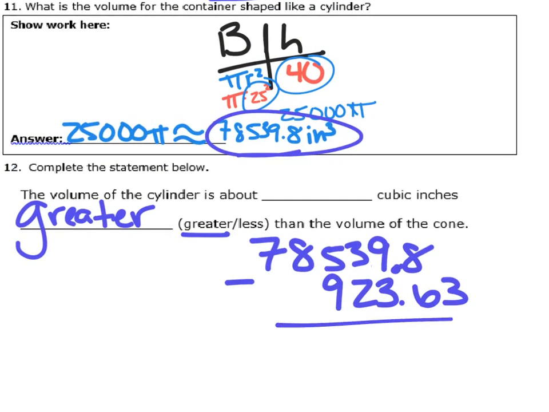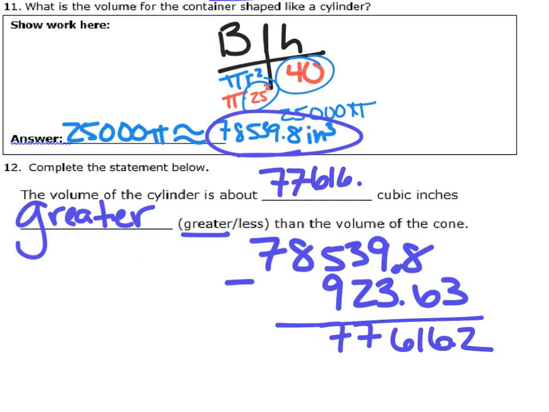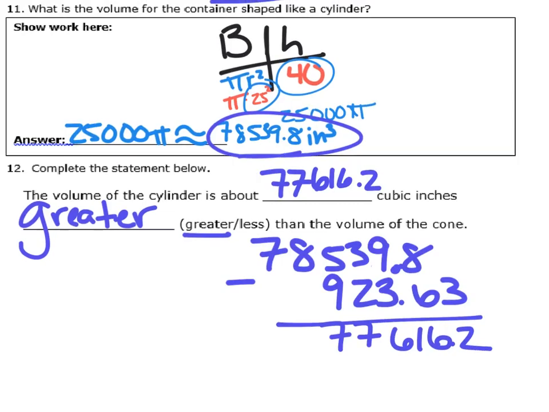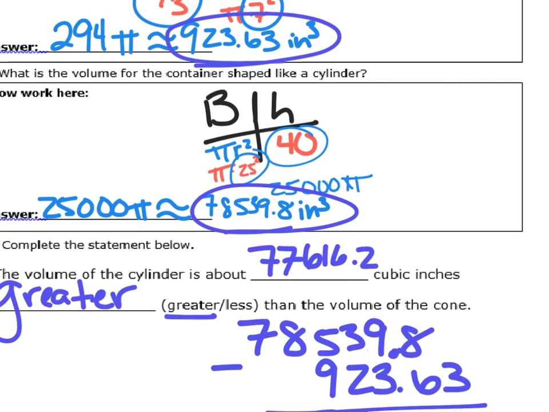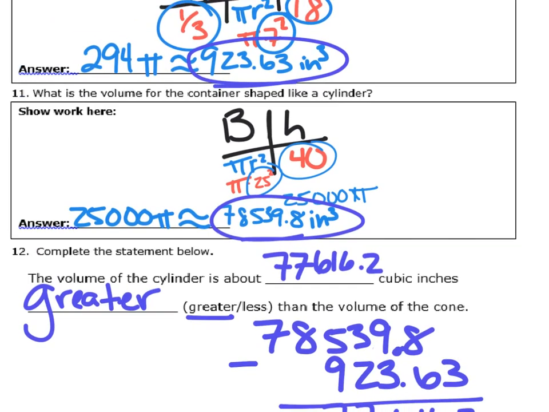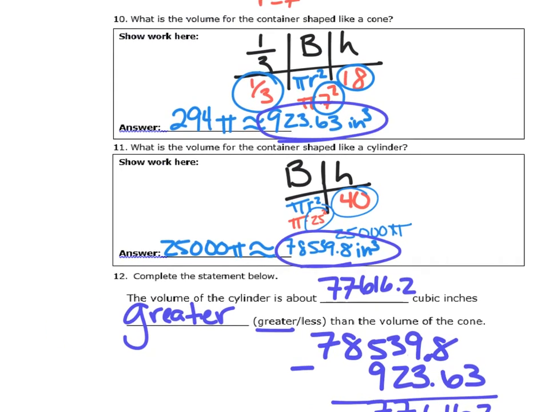And I end up with 77,616.2. 77,616.2 cubic inches greater. So the cylinder is greater by 77,616.2 cubic inches.